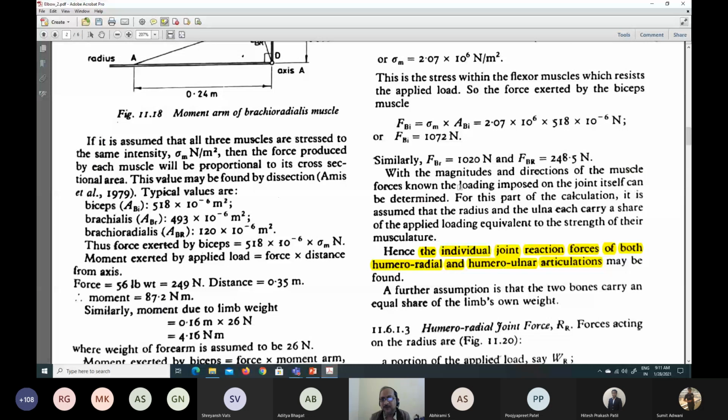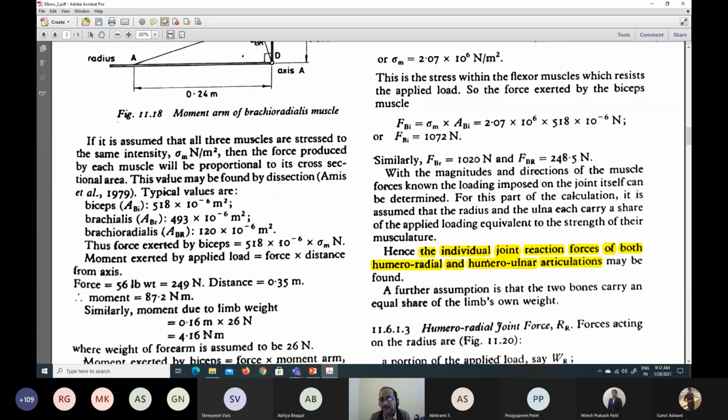Once you have the forces of the muscles and of course the external loads, you can easily calculate the joint reaction force at the elbow joint, at the joint through which the axis A passes.